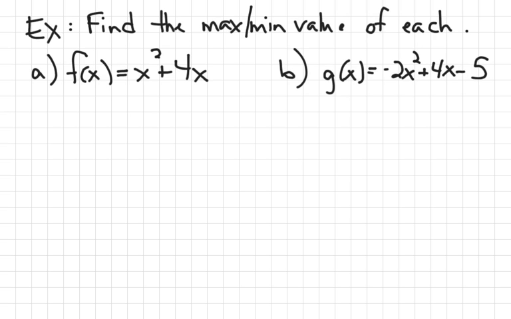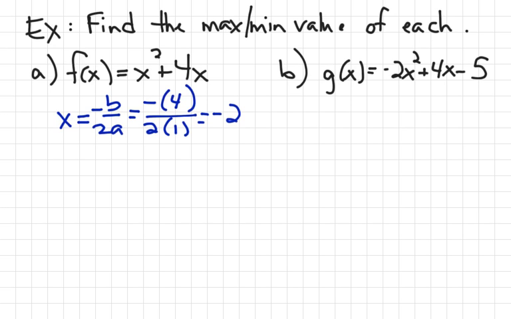In this example, let's find the maximum or minimum value of each quadratic function. Let's start with the first one, f of x equals x squared plus 4x. To find the max or min, I don't need to put it in standard form. I could just use this formula, which is the opposite of b, which is 4, over 2 times a, which is 1. Negative 4 over 2 is negative 2.